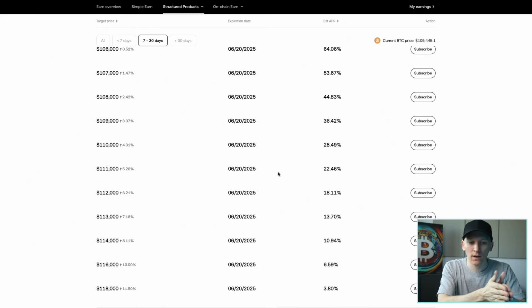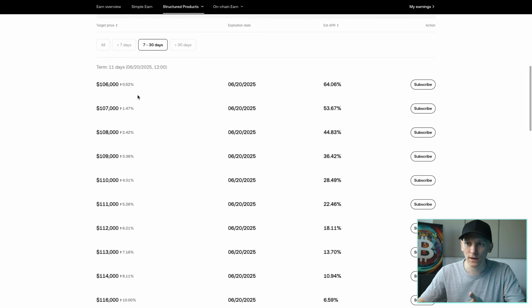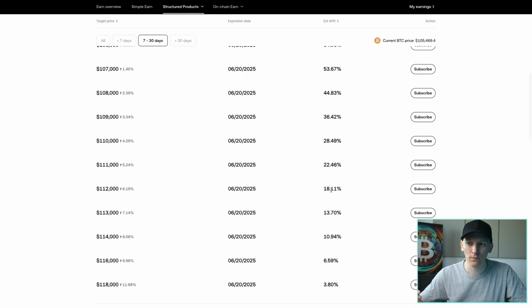So they say, okay, if you're going to earn this much over the 11 days, we'll annualize that and put it out to a 23% annualized return. But it's not quite that, is it? Because this expiry date is 11 days in the future. After that, all of these contracts will renew at different prices and you'll have to go into the trade again. So it's not exactly like an APR, like lending, but it is a premium that we get. And you just have to feel, well, how much is the premium option that I'm getting paid?